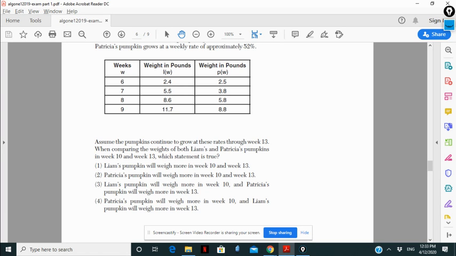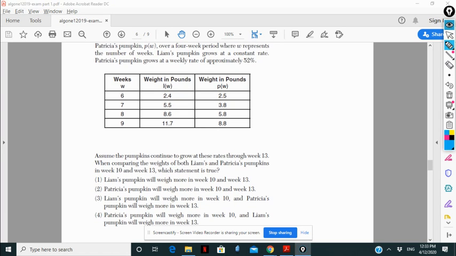So look here. I added 3.1, another 3.1, another 3.1. So I keep adding 3.1.